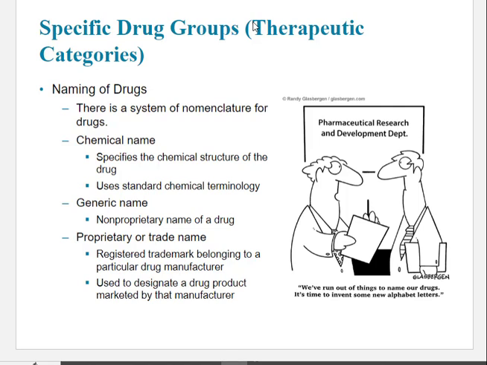All right, so when we're talking about naming drugs, when a drug manufacturer designs a new drug, like OxyContin, they patent that drug, and they are the only company that can produce that drug. So they get that trade name assigned to them, OxyContin, and their patent.